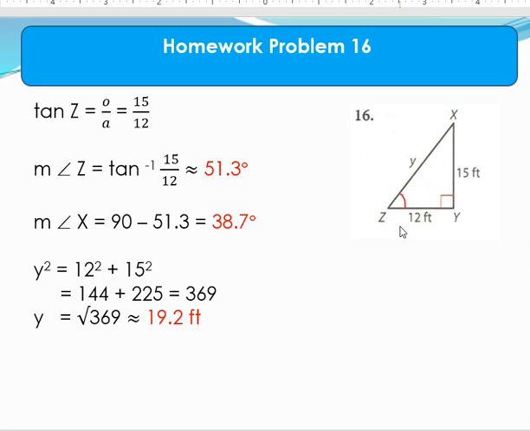So then we go to the second part of the equation that we're going to use, and we say the measure of angle Z equals inverse tan of 15 over 12, and that will be 51.3 degrees.